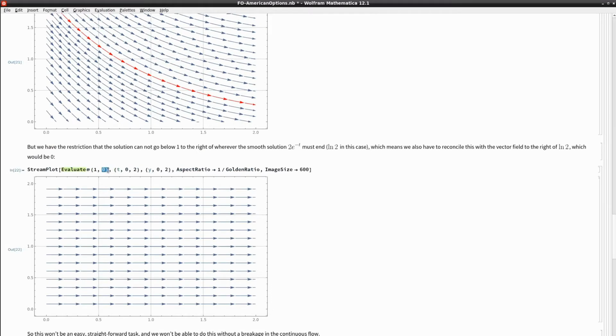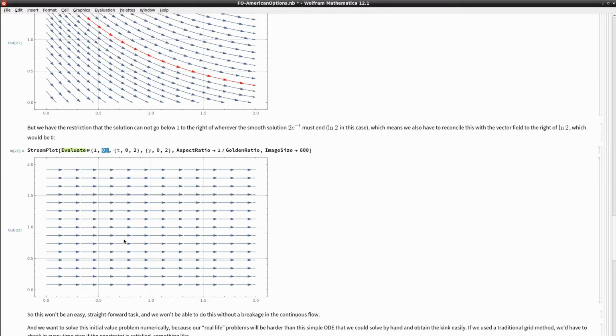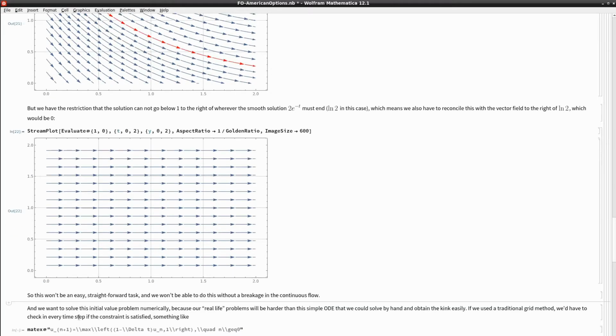See this point. And we need to reconcile these two at this breakage point. Otherwise we don't really solve this new differential equation with that additional restriction. So this won't be an easy, straightforward task, and we won't be able to do this without a breakage in the continuous flow. It's impossible because we have two tasks that are really conflicting.